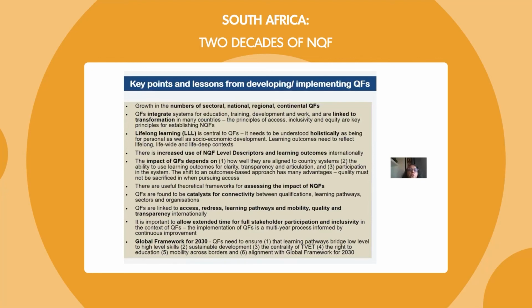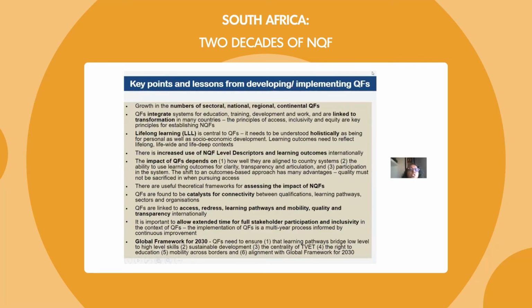There is increased use of level descriptors and learning outcomes internationally. The impact of NQFs depends on a number of criteria. You can see that there are already useful theoretical frameworks for assessing the impact of NQFs, and SAQA has done at least 3 or 4 impact studies.